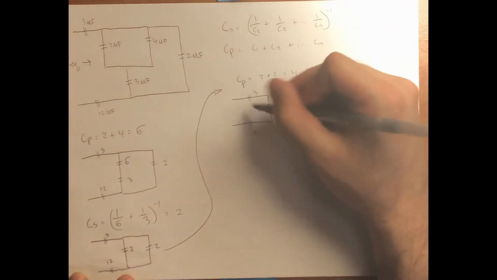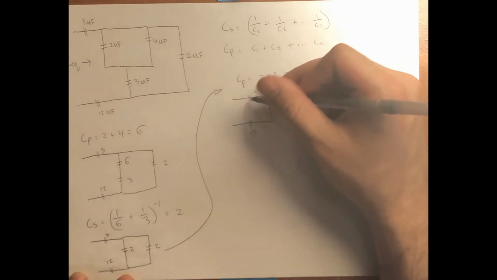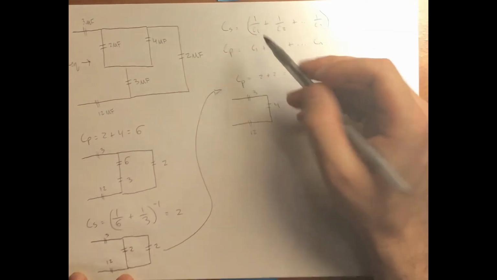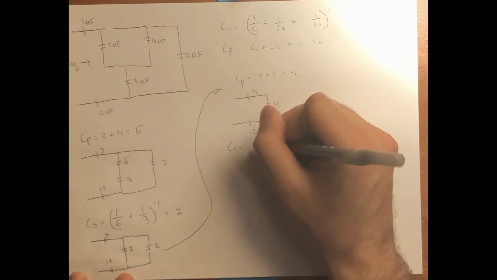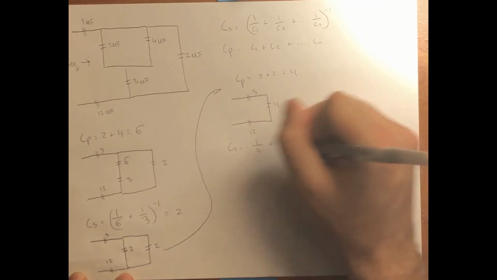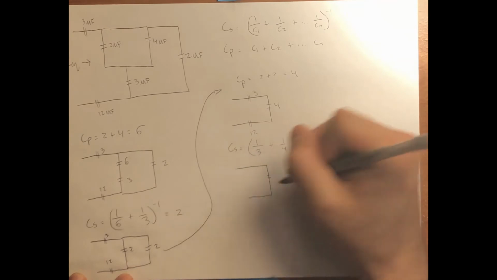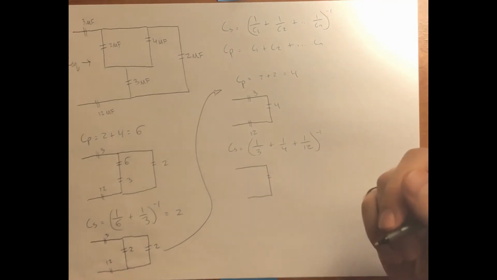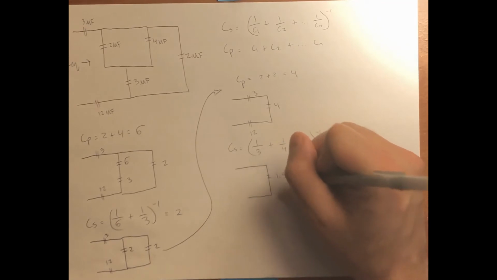As we can see here, these are all in series. Since they're all in series, we use the series equation and end up with Cs equal to 1 over 3 plus 1 over 4 plus 1 over 12, inversed, which becomes 1.5.